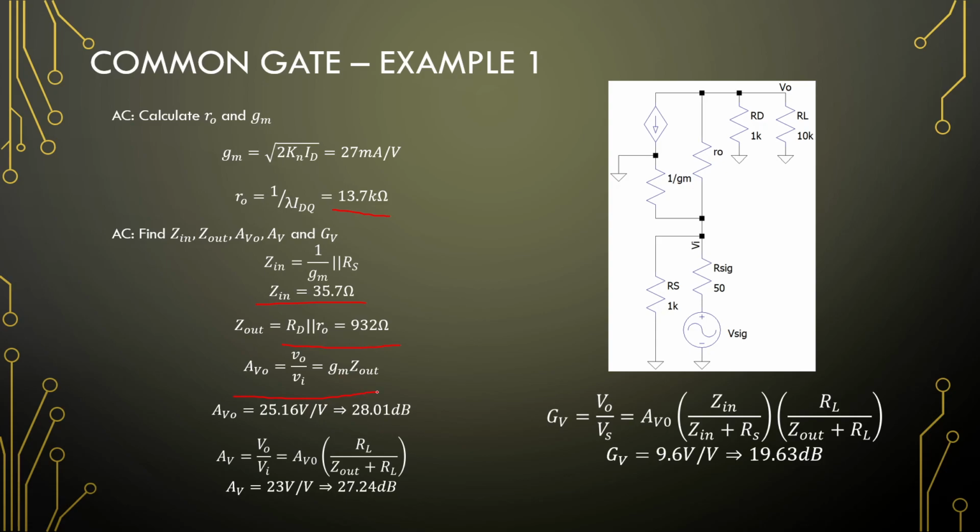The gain for the common gate amplifier is the same as the common source, it's just not inverted. So we get 25.16 volts per volt. Adding the loading effects, 23 volts per volt and 9.6 volts per volt with the input.